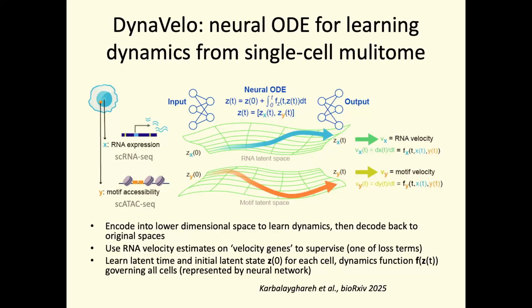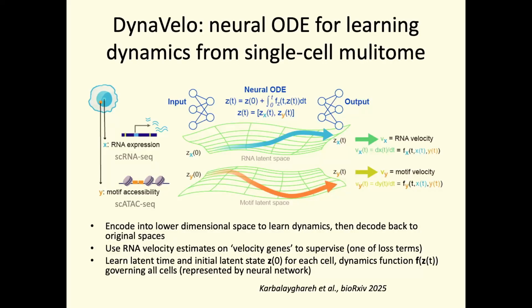So what are we actually learning? We're learning the starting point in the latent space, the RNA latent space and ATAC latent space, for every cell. Then the ODE, the integral curve, tells us where the cell ends up at time t, and this time t is the latent time that the model is assigning to every cell.